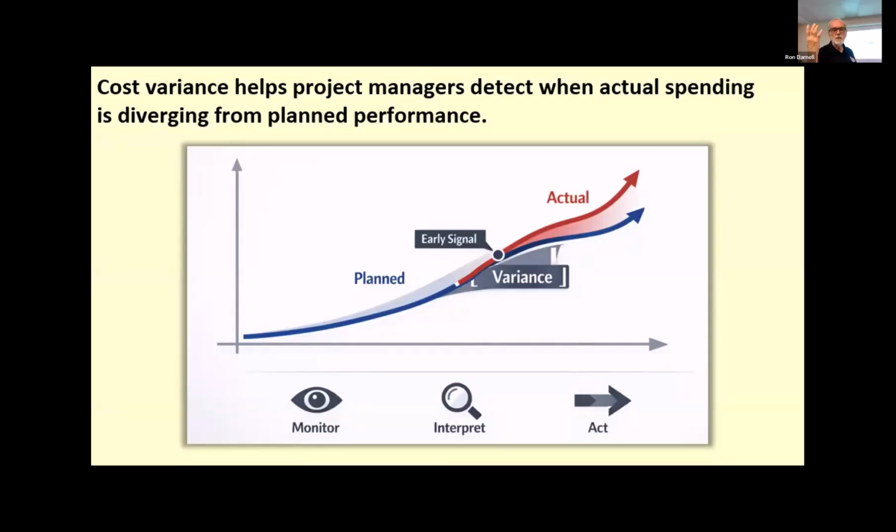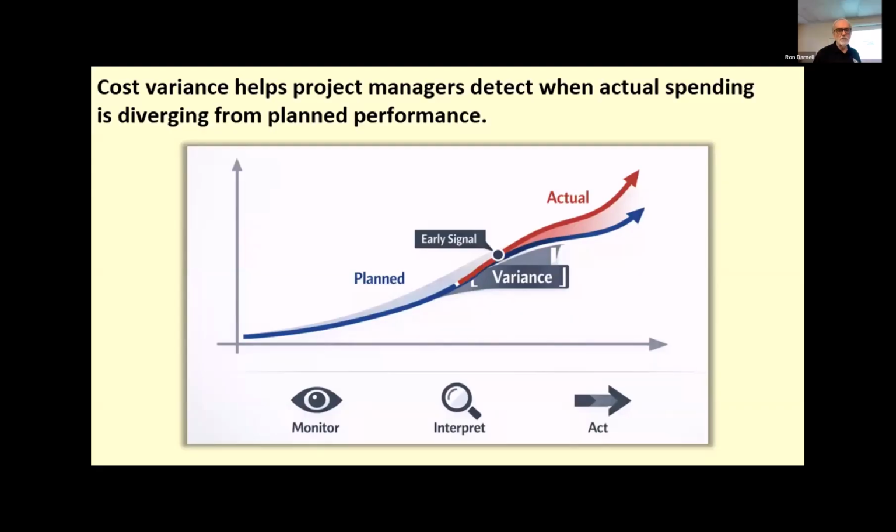Variance is not just a number on a report. It's a signal that project performance may be moving away from expectation. In practical terms, cost variance reflects the difference between what the project has accomplished and what it's actually cost to accomplish it. That's why variance is more meaningful than simply looking at spending in isolation. Looking at spending in isolation is not going to tell you what the variance is.